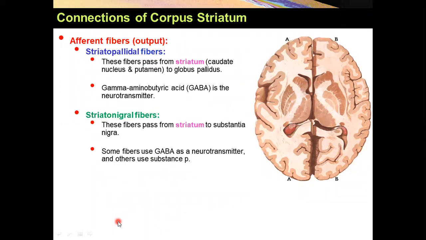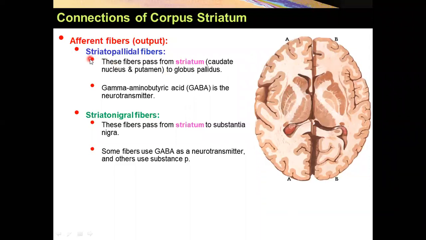Okay, we continue to the fibers of the corpus striatum. So there are striatopallidal fibers. As their name indicates, they pass from the striatum to the globus pallidus. So these fibers pass from striatum, caudate nucleus, and putamen, to the globus pallidus. We got here from caudate nucleus, putamen to the globus pallidus.